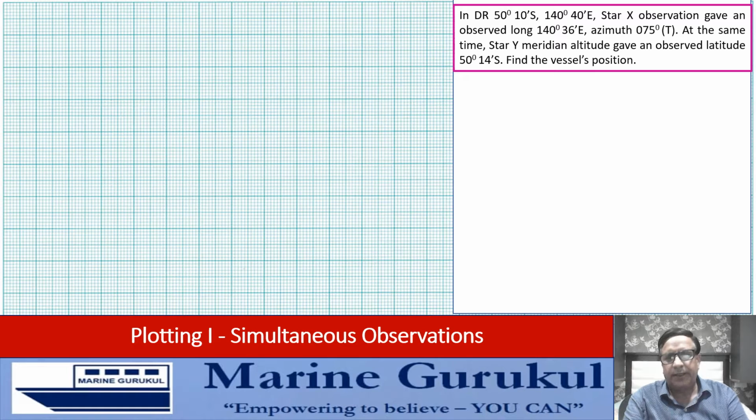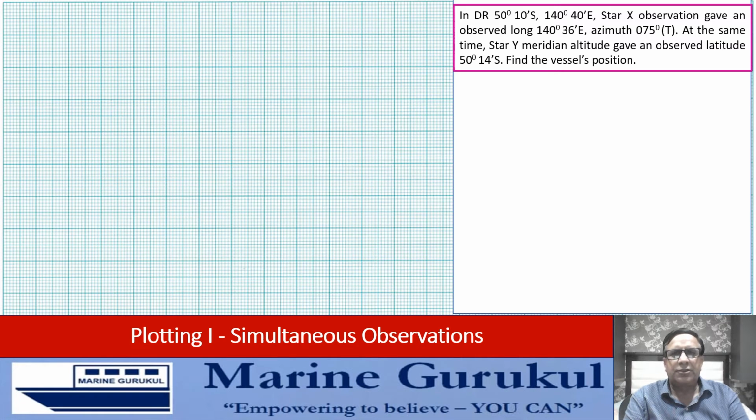Now, before we proceed any further, it's important to identify the methods deployed for solving the sights of star X and star Y. I'm sure we can all figure out that star X has been solved using long by chron, and in such case, the PL shall be drawn through DR lat and observed long. Direction of the PL perpendicular to azimuth. As far as star Y is concerned, it's a meridian altitude observation.